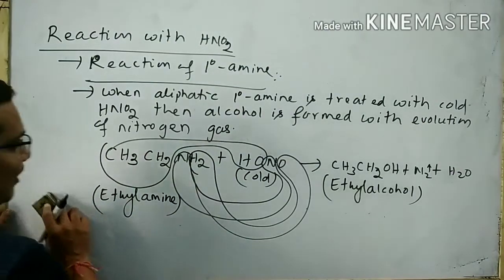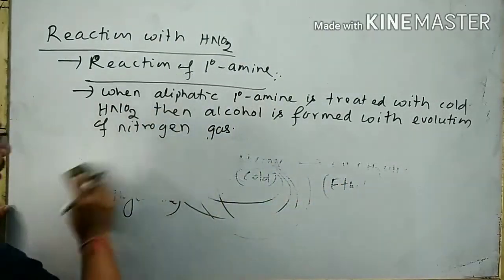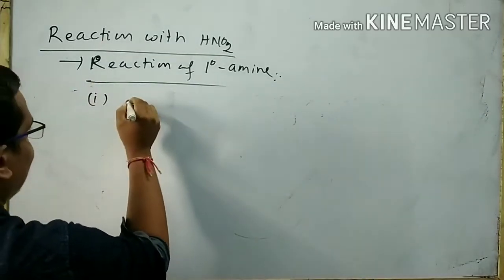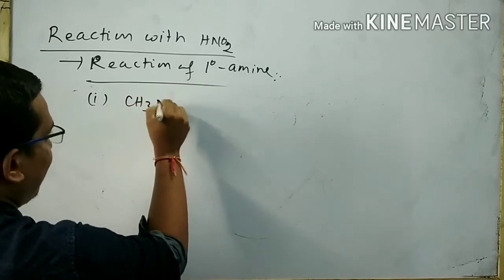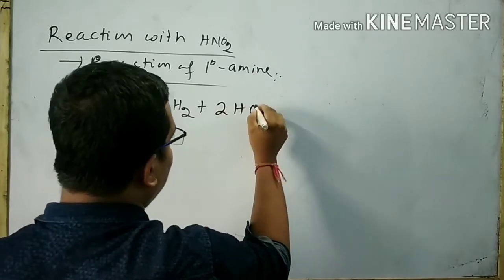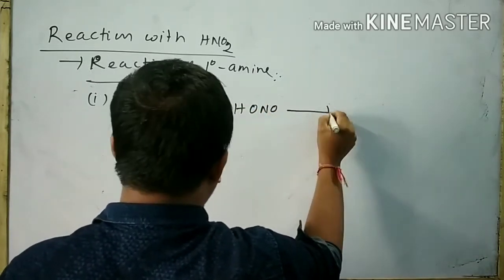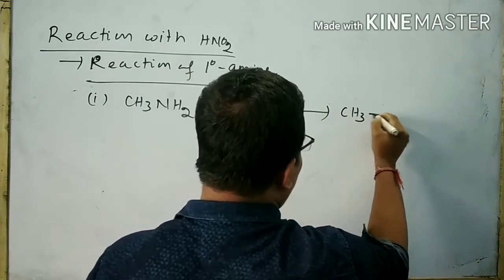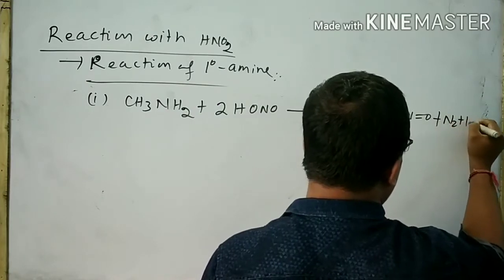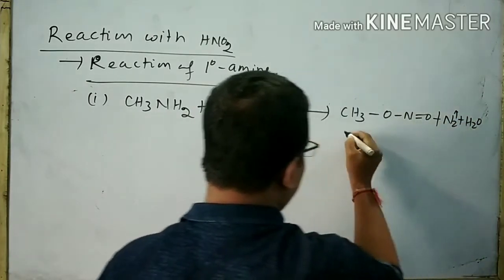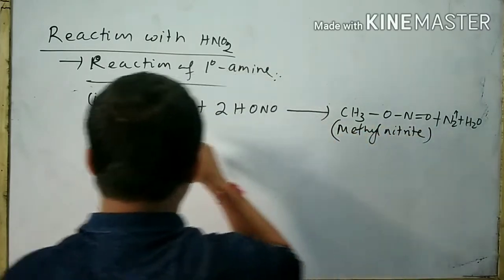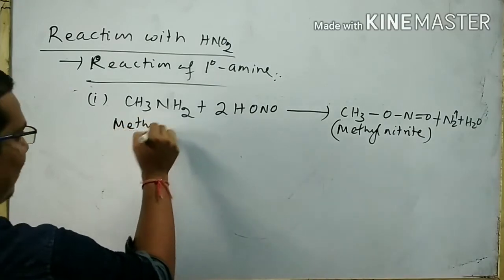So we can write the equation for methylamine like this. When I take 1 molecule of methylamine and it is subjected to reaction with 2 molecules of HNO2, then it gives methyl nitrite, and the byproducts are N2 and H2O. The name of this compound is methyl nitrite, and the name of this compound is methylamine.